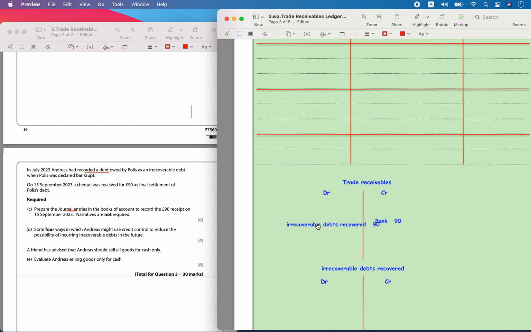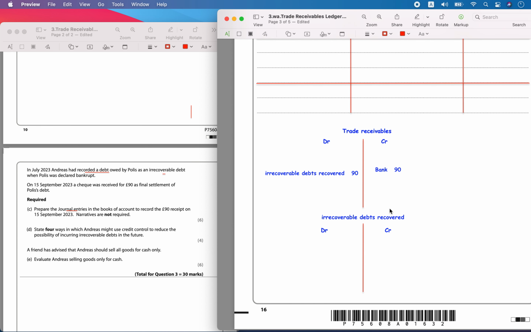So you will transfer that, on the credit side, and then it is going to be transferred to the irrecoverable debt recovered account. It's a closing account. Here you will open it temporarily, transfer it to the income statement, and close it off.